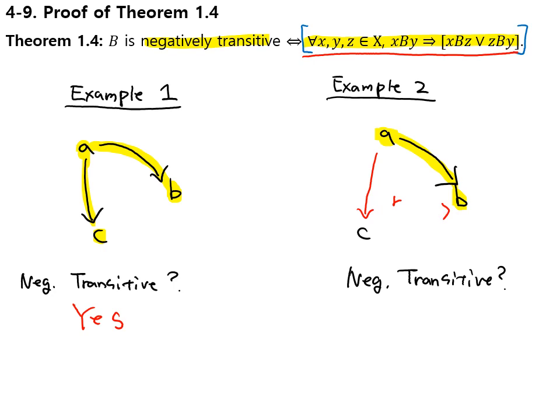But since we do not have either line, this shows that the relation is not negatively transitive. So the answer is no.